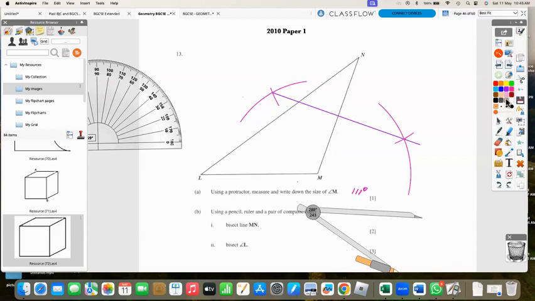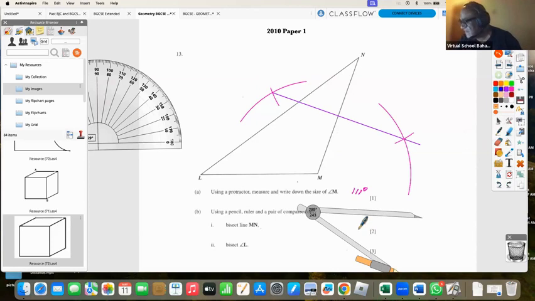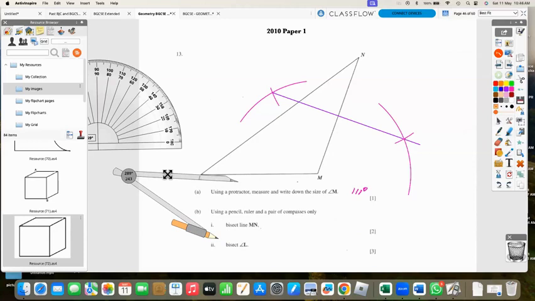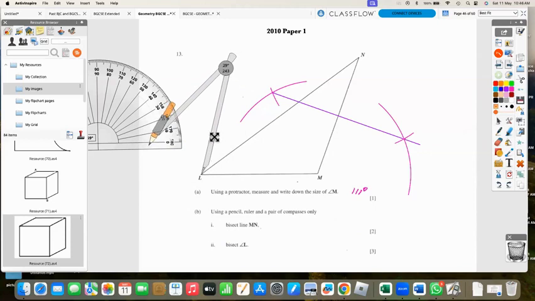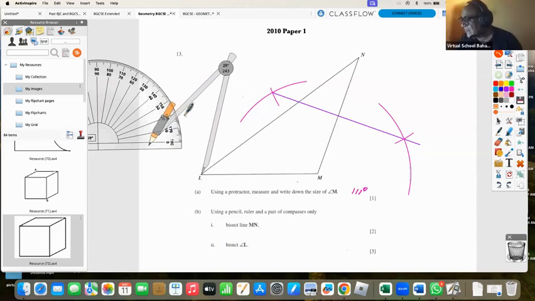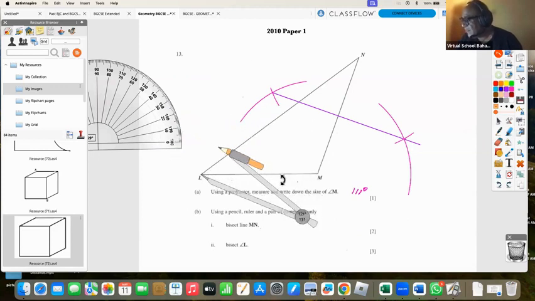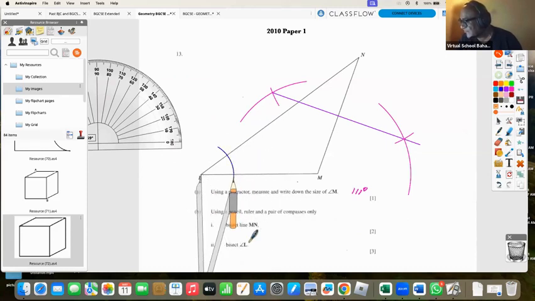I am. Okay. The next one, we are bisecting angle L. So how do we go about doing that now? Put your compass point at L, and you could do a small radius. I put an L there. Anything that is convenient to you, and we don't have to go far. We put it there and make sure it marks both of the lines that make that angle.